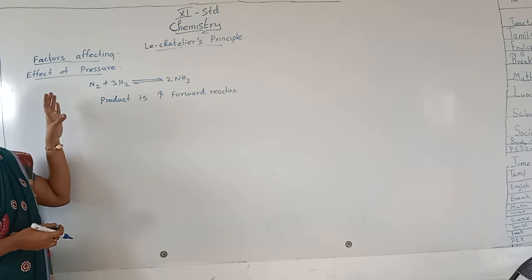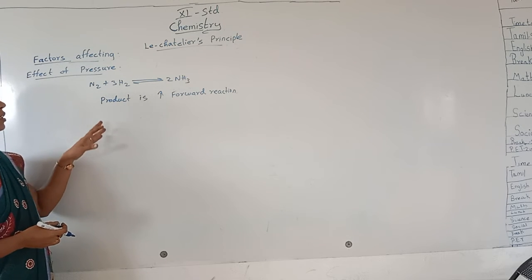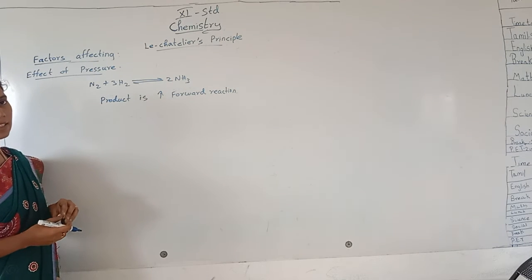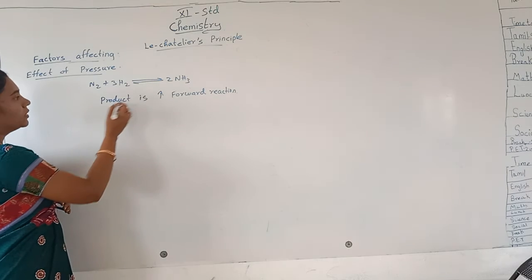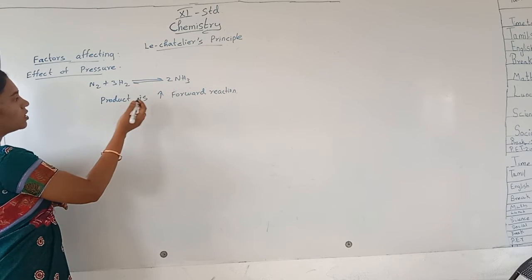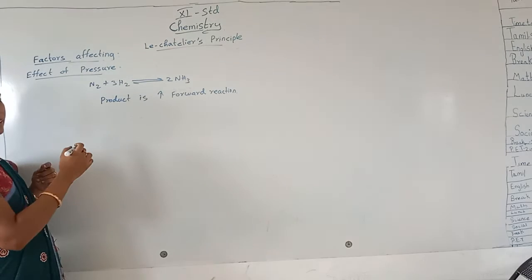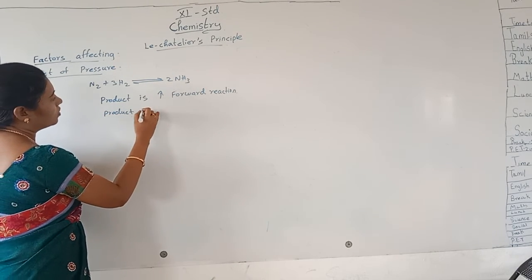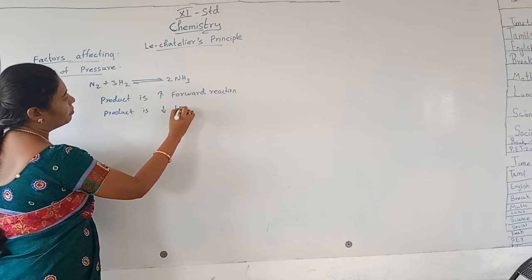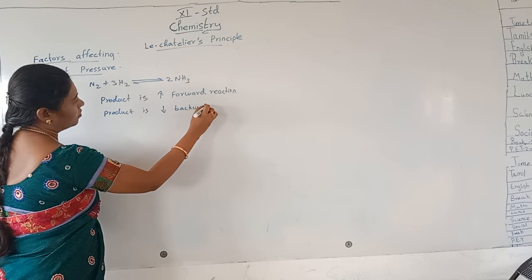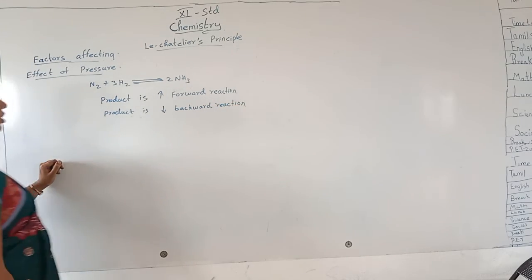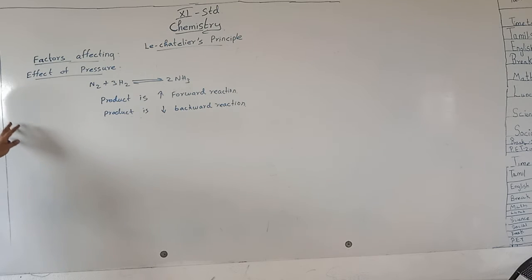When you apply pressure, the forward reaction increases. The backward reaction decreases. This is the main reason for the effect of pressure.